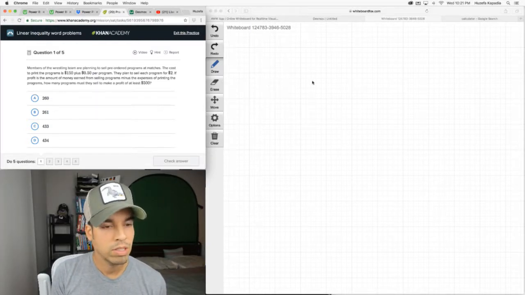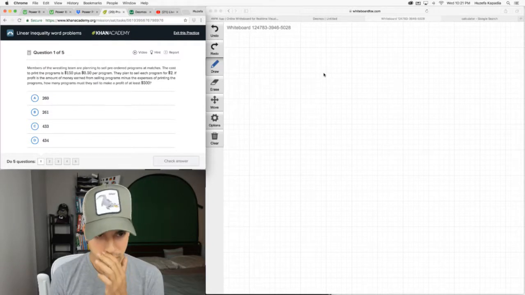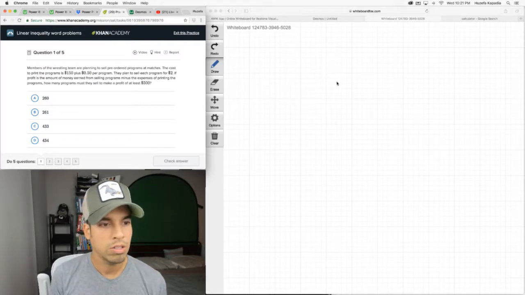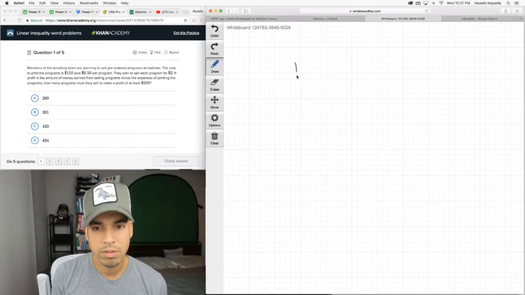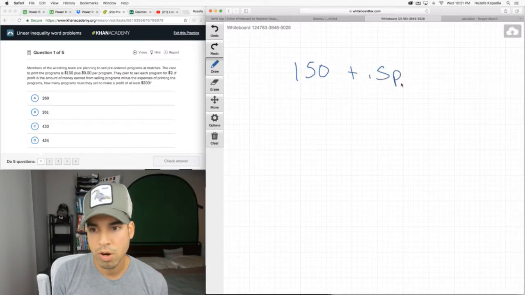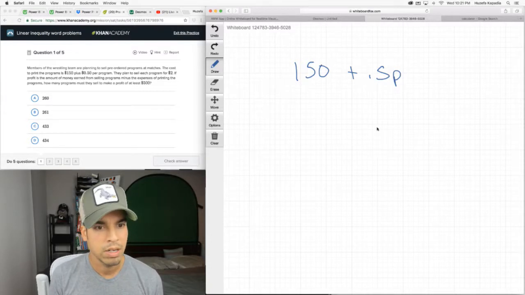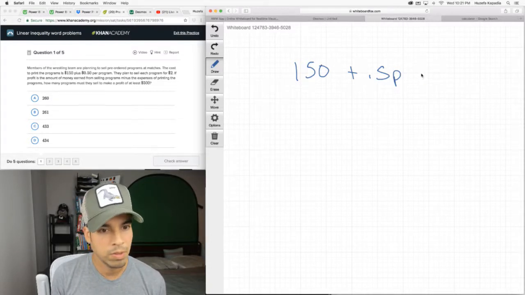It says members of the wrestling team are planning to sell pre-ordered programs at matches. The cost to print the program is 150 plus 50 cents per program. I'll just say 0.5 times P. They plan to sell the program for $2.